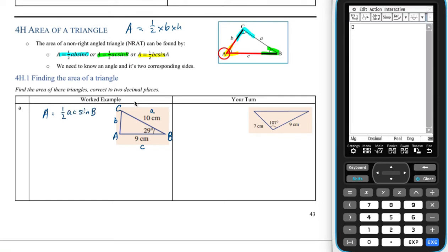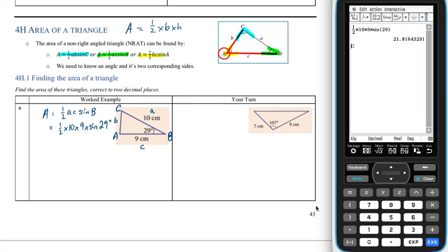And then we substitute. The area of this triangle is equal to half times a, in this case 10, times c, which in this case is 9, times sine B, which in this case, B is 29 degrees. Now we reach for our ClassPad, make sure we're in degrees, make sure we're in decimal, and then type in 1 on 2, or you can do 0.5, times 10, times 9, times shift 1, 29 degrees.